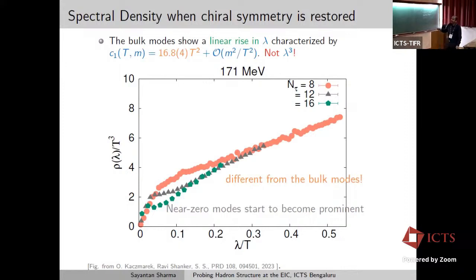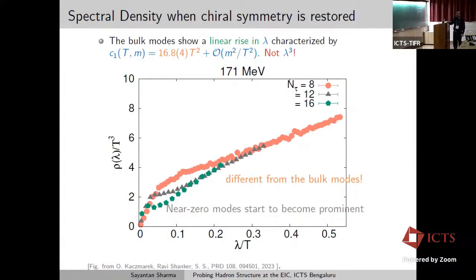When we are on a coarse lattice, so this n tau equal to 8 corresponds to a coarse lattice, and as we increase the n tau, we are going to finer lattices, and we see that there is an onset of a small peak of near zero modes. And this is quite different from the bulk modes. The bulk modes again show a linear in lambda dependence, and that dependence we calculated from this fit in the continuum limit.